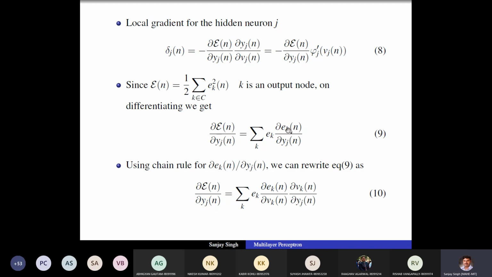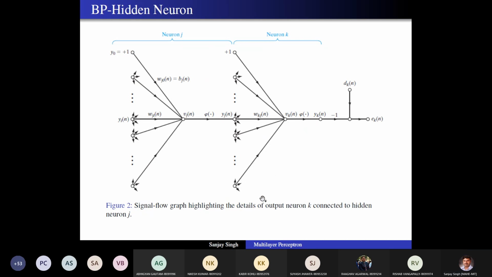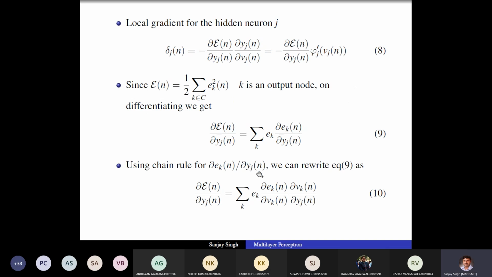Now Ek is fine, but Ek is depending on Vk, yes, I'll show you. Here Ek, that is the error, is depending on Vk via this φ, of course, and Vk is depending on Yj ultimately. So we can write something like this. We want to compute this one, but for this we have to apply the chain rule, that Ek is depending on Vk and Vk ultimately depends on Yj, right?